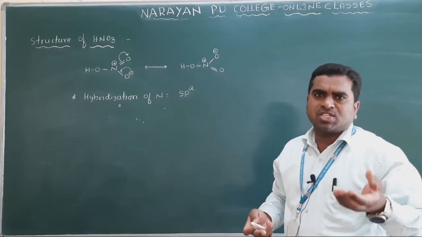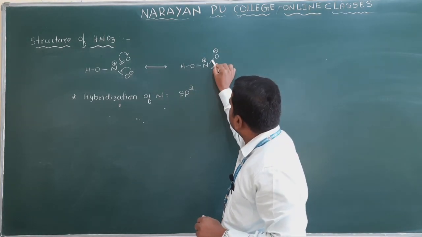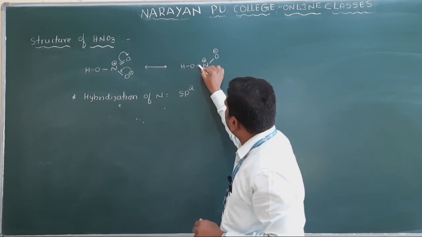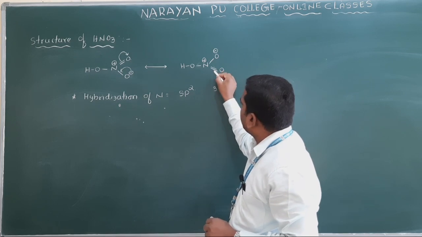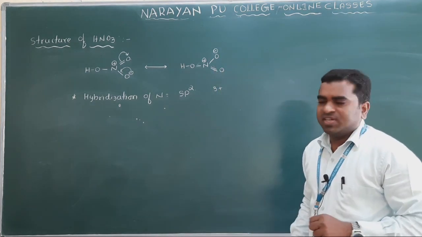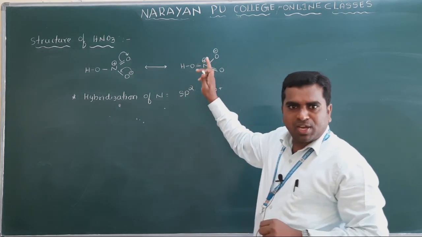Bond pairs means sigma bond pairs, sigma electrons. This is 1 bond pair, meaning 2 electrons, and here a pair, and this is also 3. We never consider the pi bond in hybridization. So 3 bond pairs here, and lone pairs: is nitrogen having any lone pair here?